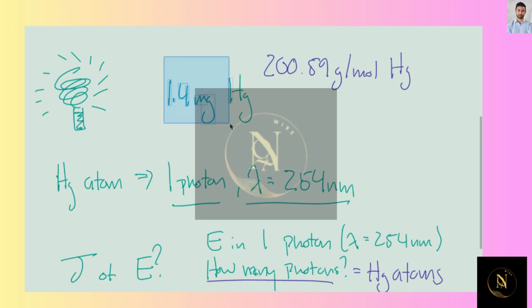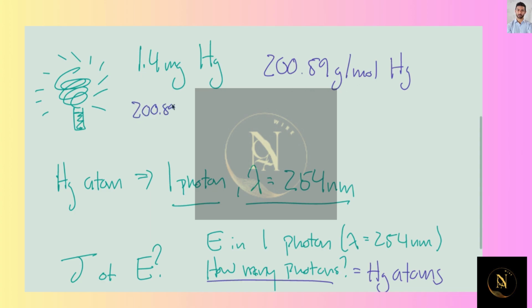Another thing we're going to need to do here is the molecular weight of mercury is given in grams per mole, so we need to figure out what that is in milligrams, right? The conversion between grams and milligrams is that there are 1,000 milligrams for every gram. So if we take 200.89 grams per mole and say 1,000 milligrams per every 1 gram, grams will cancel and we'll get milligrams.